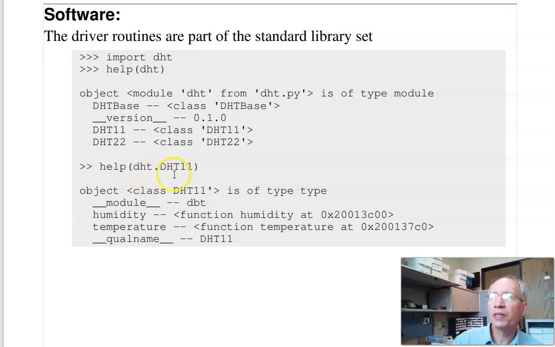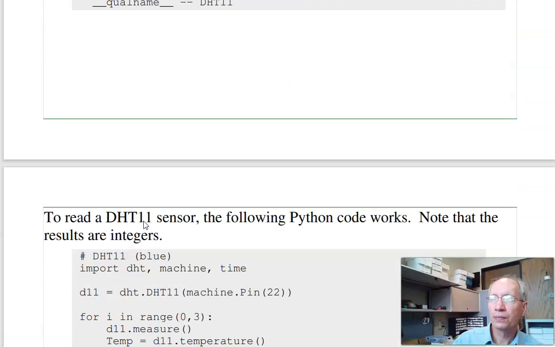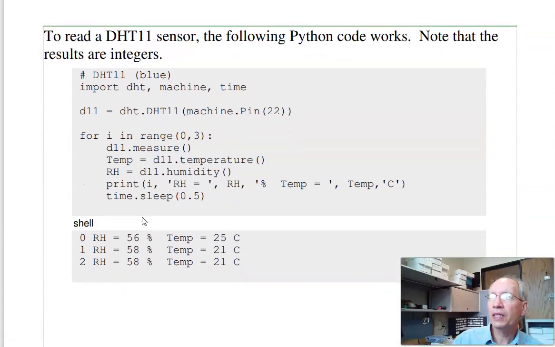If I do help(DHT11), this tells you the humidity and temperature. To read a DHT11 sensor, I need to import dht, machine, and time, tell it the sensor is connected to pin 22, and then take a measurement, pull off the temperature, pull off the relative humidity, and display it.